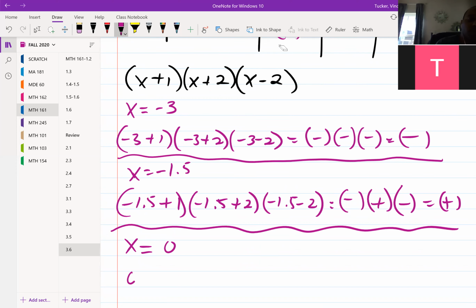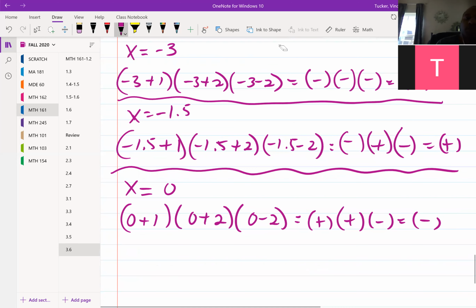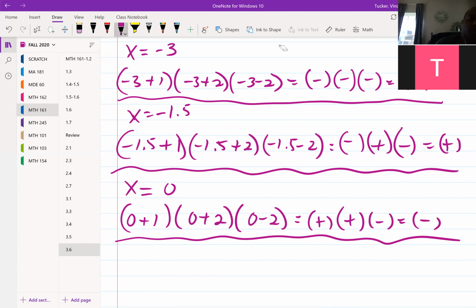All right, plugging in 0. It's going to be positive, positive, negative. That gives me a negative result. Plugging in positive 3.